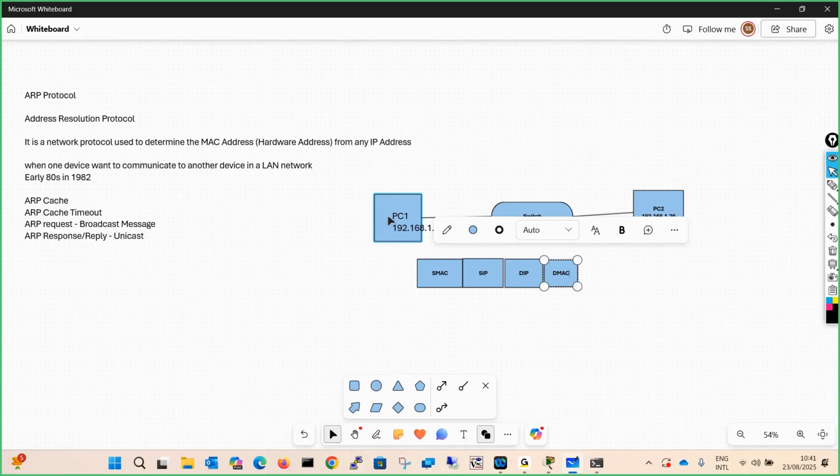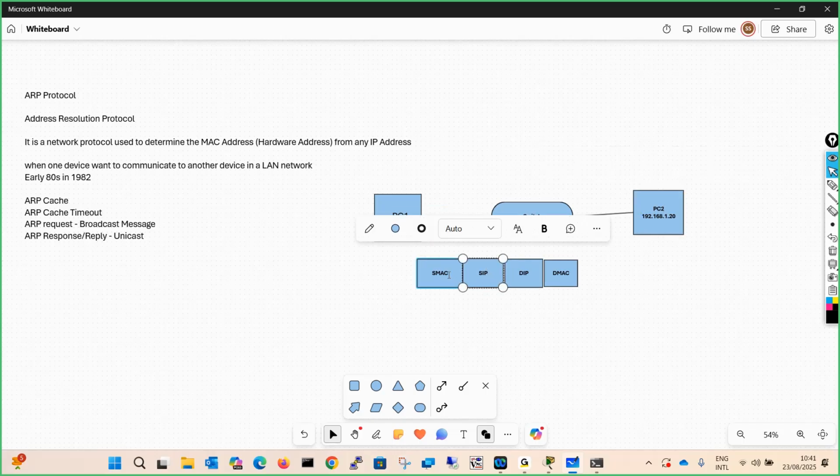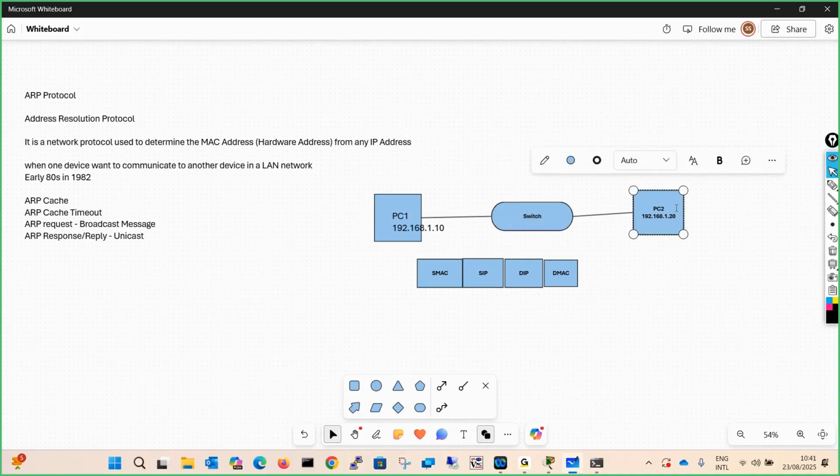And remember, when this ARP request was received by PC2, at the same time PC2 will update its ARP cache. PC2 will update the entry saying that for 192.168.1.10, from this message it will take out the MAC address and store the entry. So now PC2's cache has the entry of PC1.